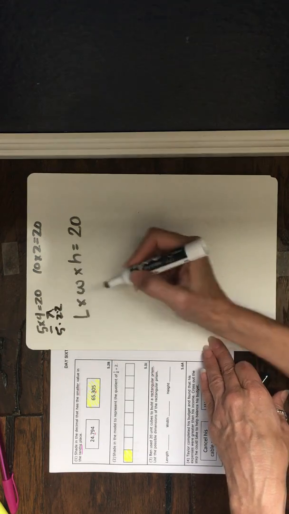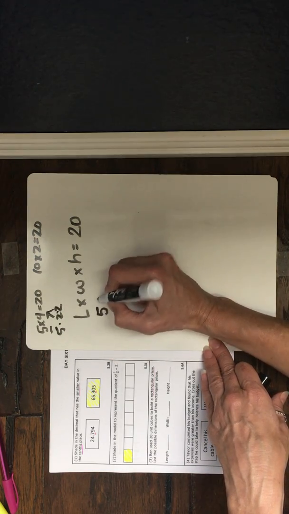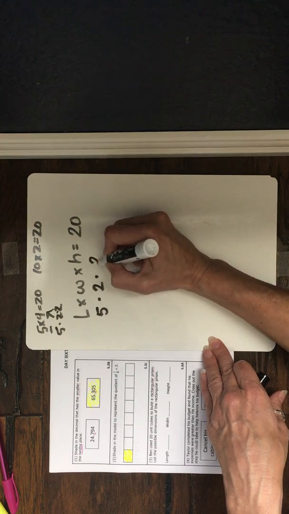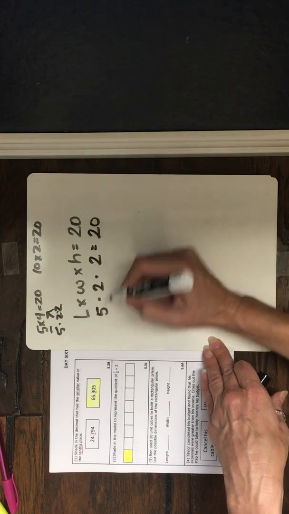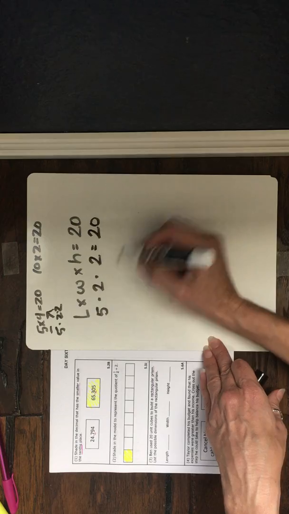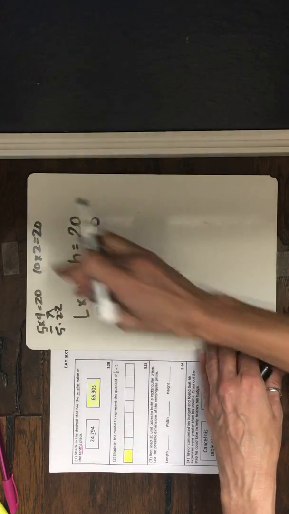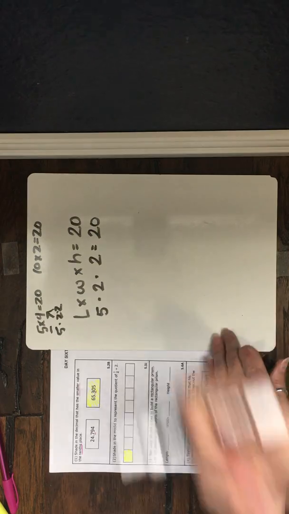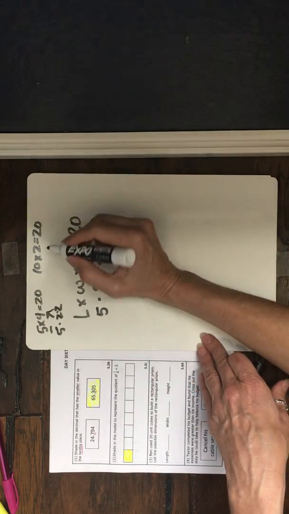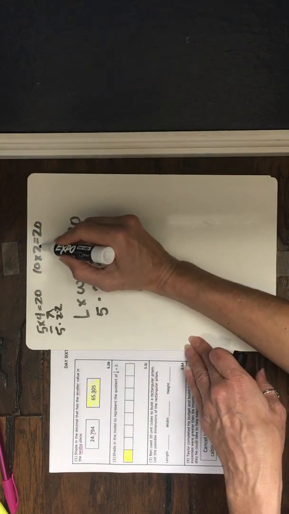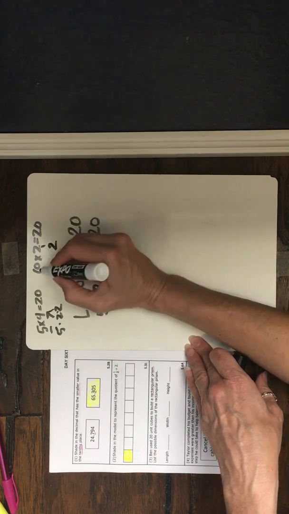So we could have the length as 5 times 2 times 2 equals 20. So 5 times 2 is 10, times 2 is 20, so that works. So 10 times 2 also equals 20. So can we break apart either one of these? Well, 2 is prime, so it doesn't break apart. Does 10 break apart? Yes, it does.